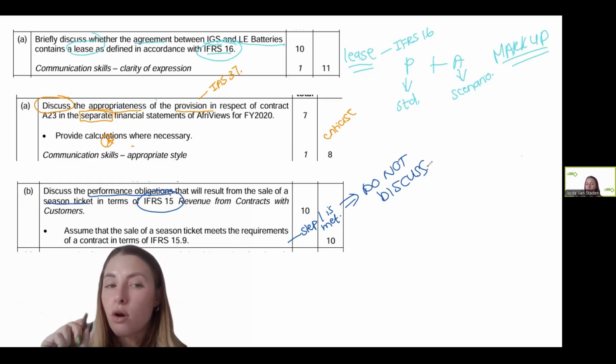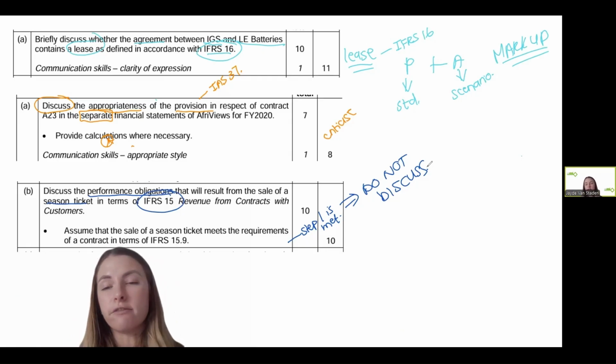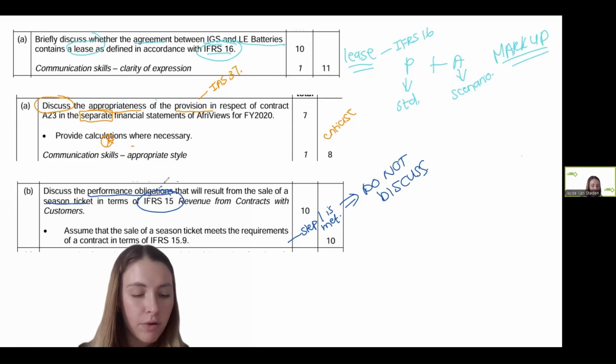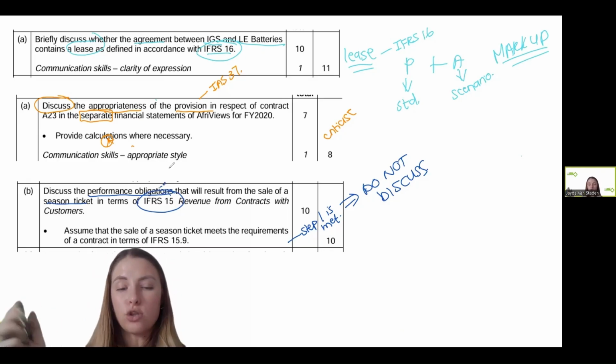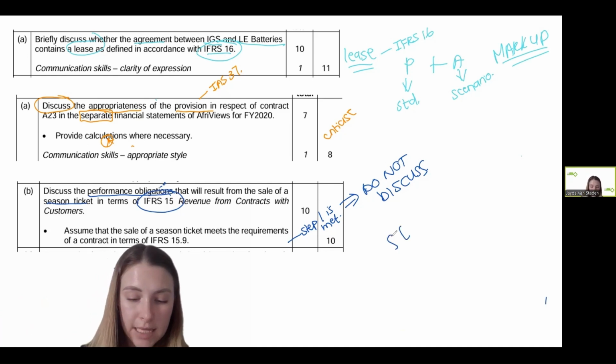Now, you're also not going to go on a whole tangent about when to recognize revenue, because they're saying discuss the performance obligations. So in IFRS 15, we have our 5 steps, and essentially step 2 is identifying our performance obligations. Okay, so that's exactly what we're going to do. We are going to base our discussion on step 2.